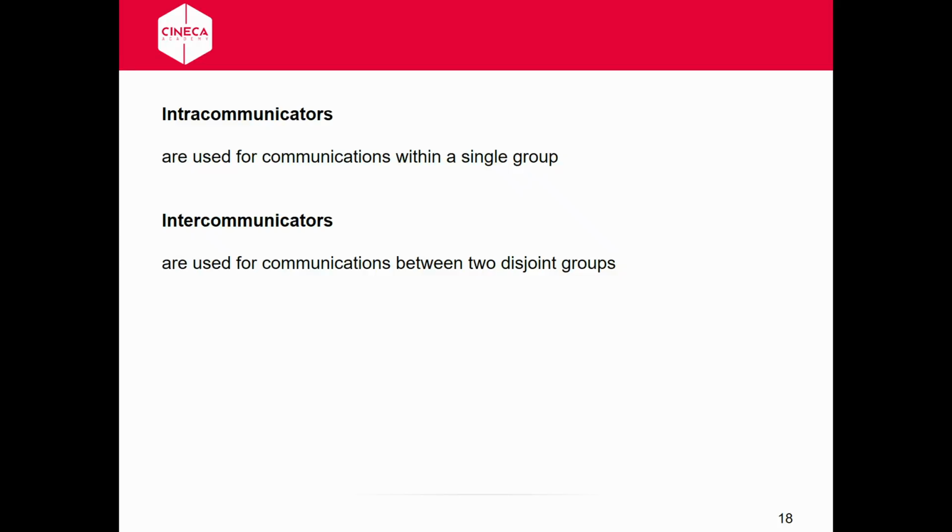You can take processor 0 and processor 1 of MPI common world and say, this is communicator A. Then you can do the same for communicator B and say, communicator B contains processors 2, 3, and 4 of MPI common world.